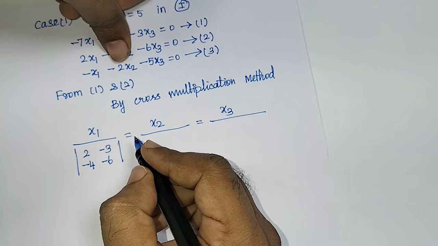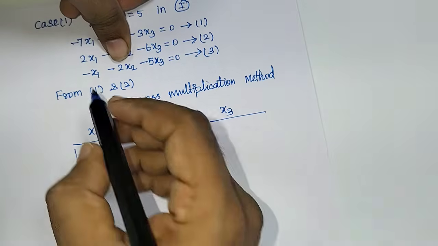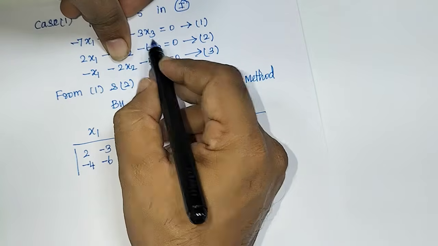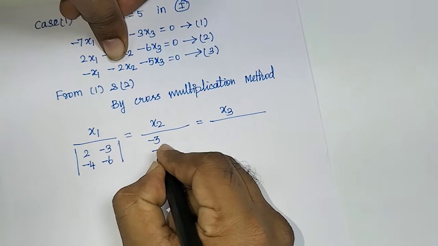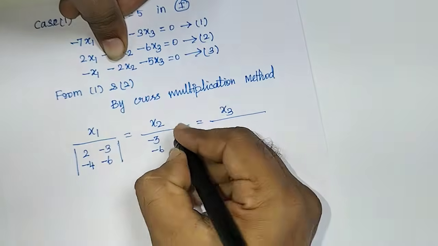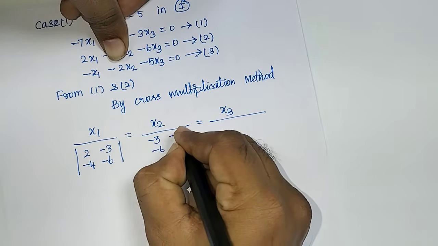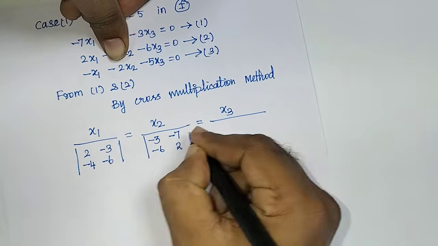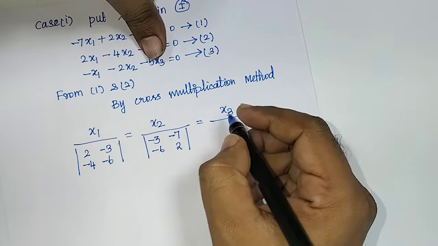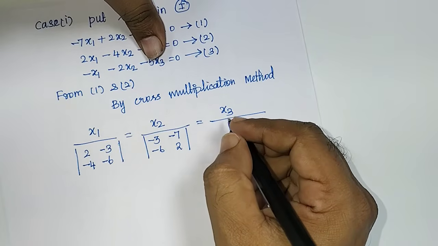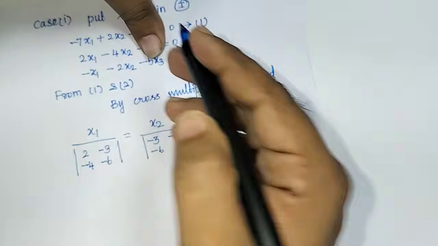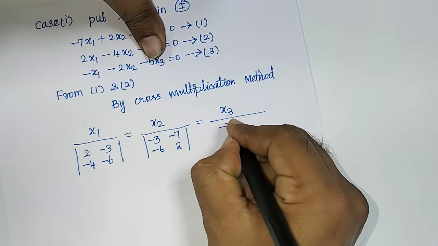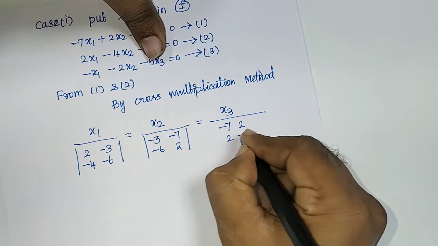Next I am going to find x2. Here first you write the x3 coefficient, that is minus 3, minus 6. After that the x1 coefficients from both equations, minus 7, 2. And for x3, omit the x2 x3 coefficients and write the remaining x1 x2 coefficients in determinant form, minus 7, 2, 2, minus 4.